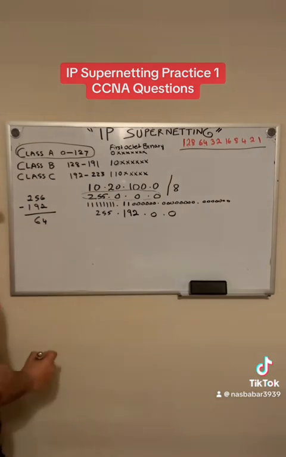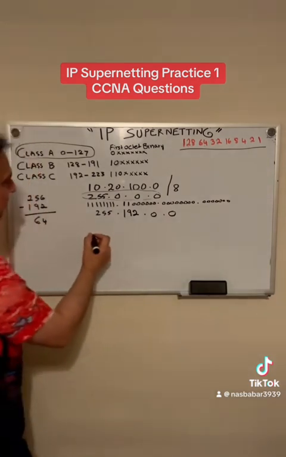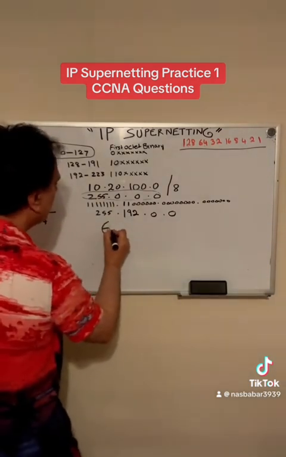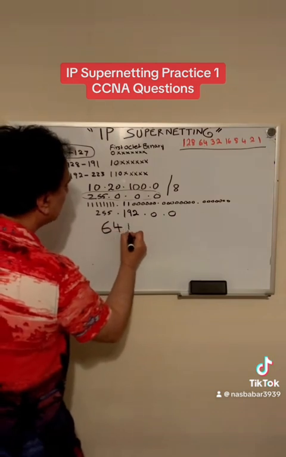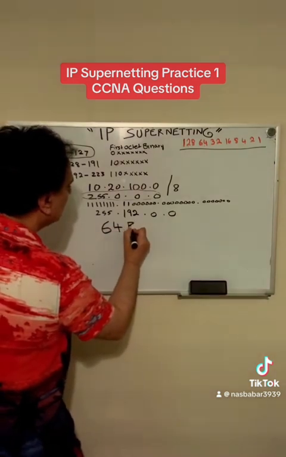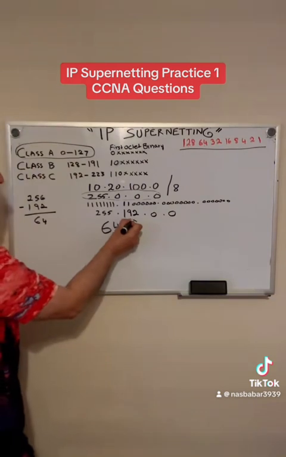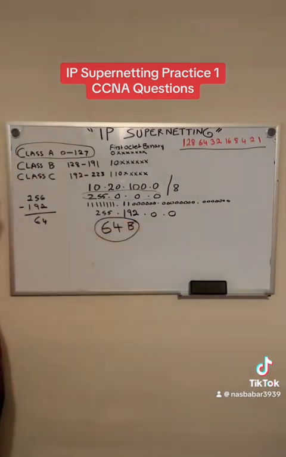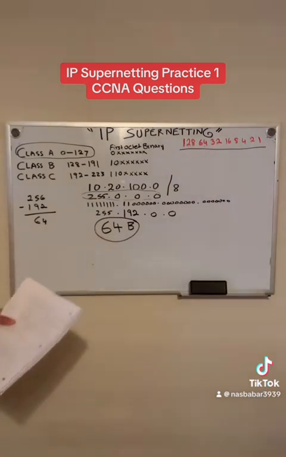So I can say that I will have 64 class B supernet addresses. 64 class B supernets, these are right here.